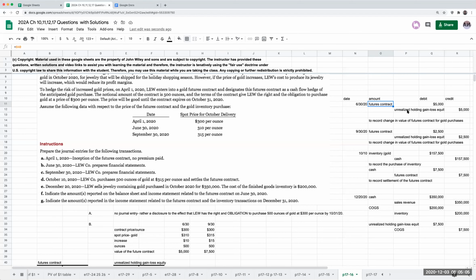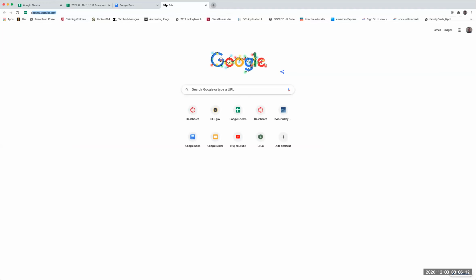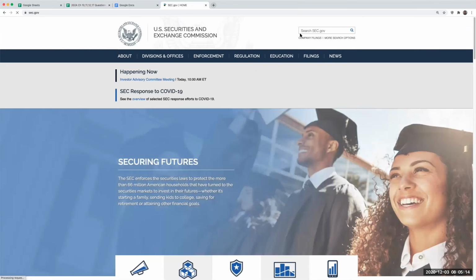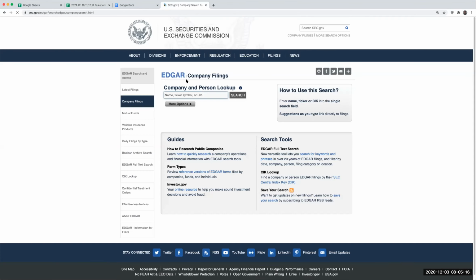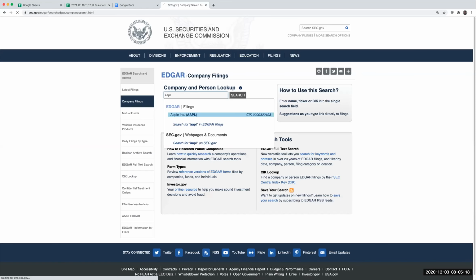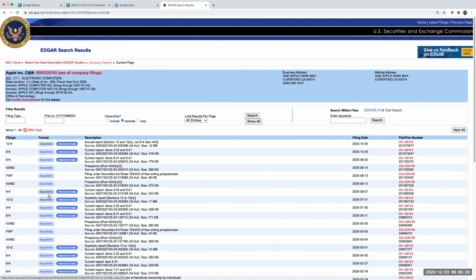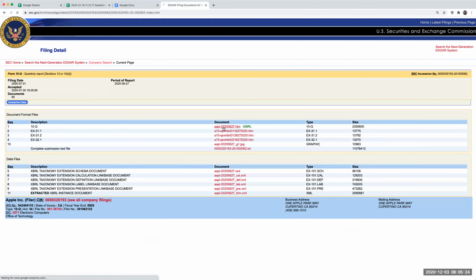In fact, if anywhere, it would be below the income statement. And I'll just pull up Apple, which is a great company to look at. I'll go to a quarterly report just because it's a little quicker to look at.